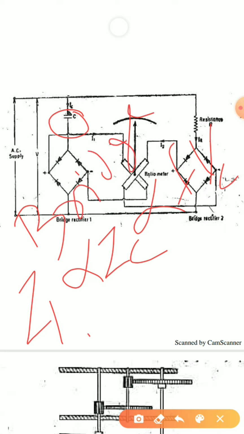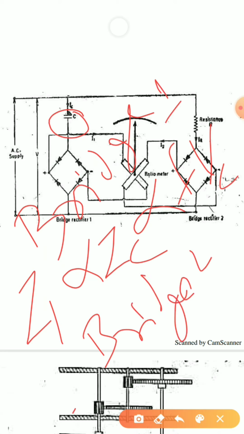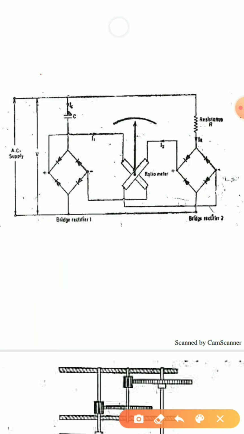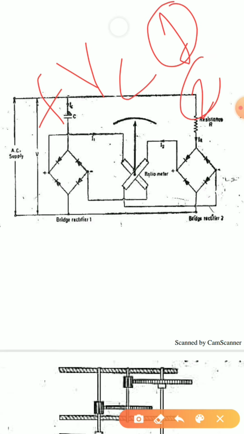The current that I am getting for bridge 2 will be directly proportional to IR, and IR is nothing but V by R. So for bridge 1 the current is proportional to FVC, and for bridge 2 the current is proportional to V by R, depending on what element I have connected before the bridge.